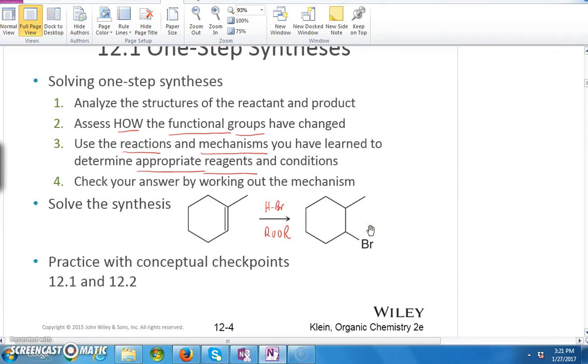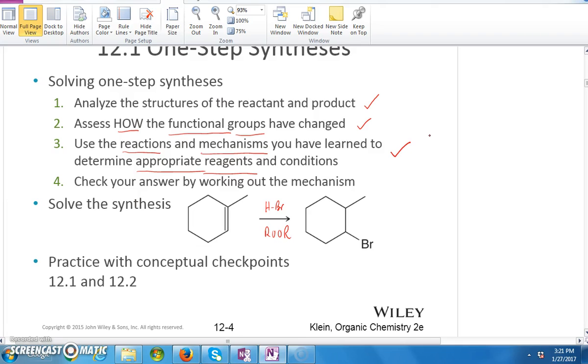Now, there are some basic steps to be able to solve synthetic problems. The very first thing, you need to analyze the structure of the reactants and the products. Look at both of them and see how the functional groups have changed, or if the number of carbons have changed. And then you're going to use the reactions and mechanisms you learned to determine appropriate reagents and conditions.